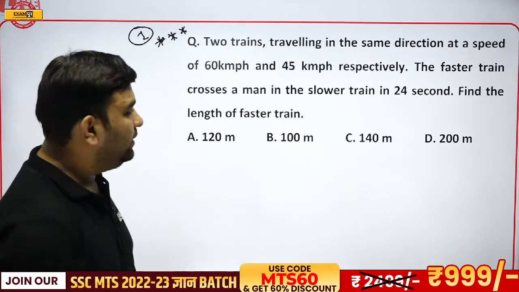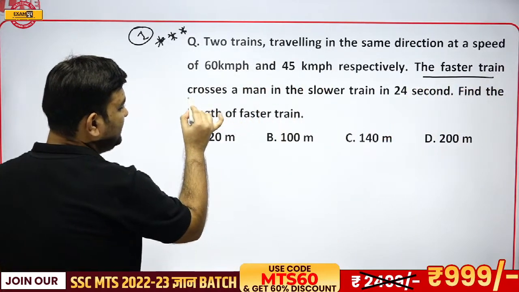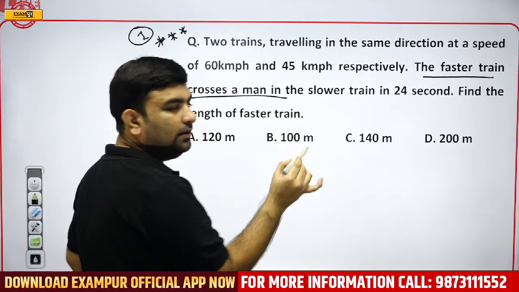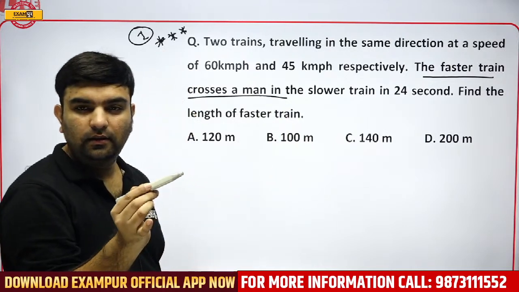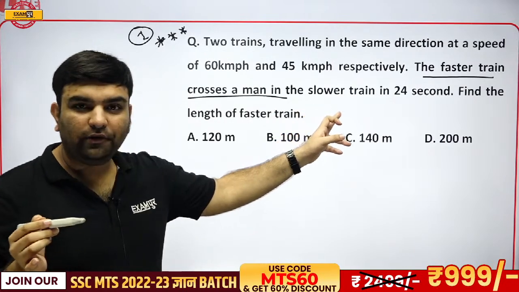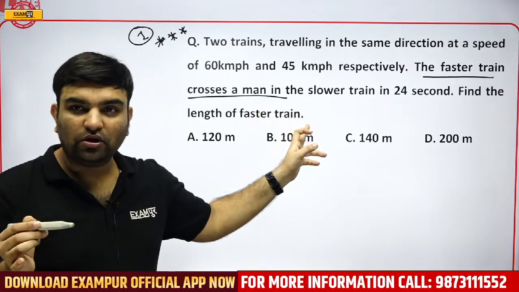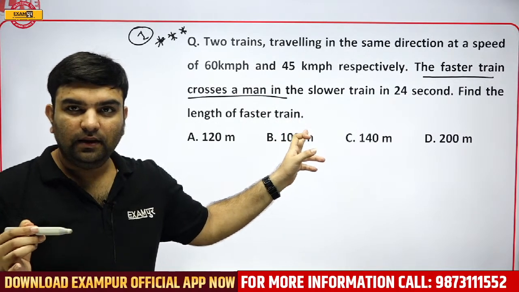Crosses a man. The faster train is crossing a man. What does this mean? The faster train is not crossing the slower train.